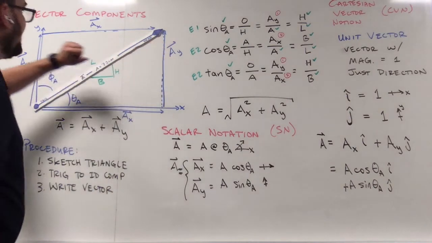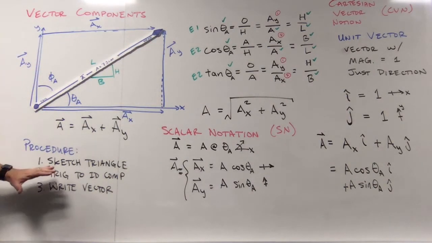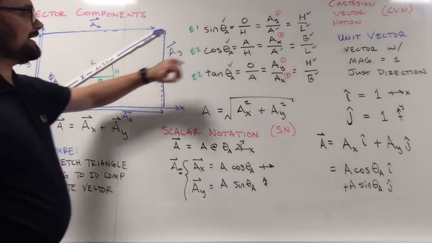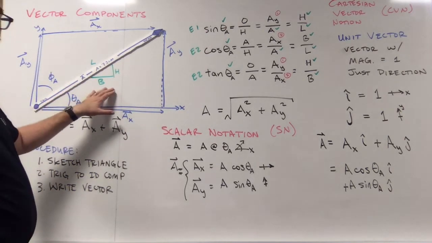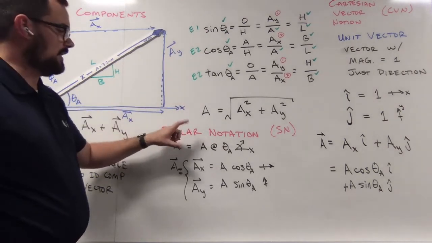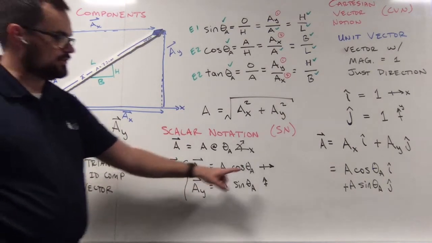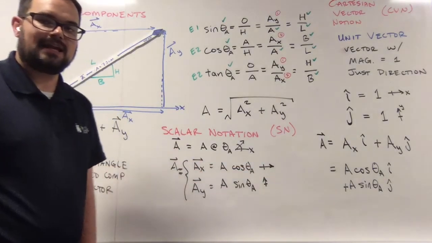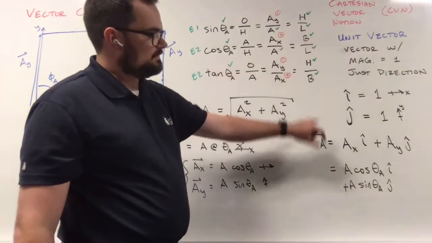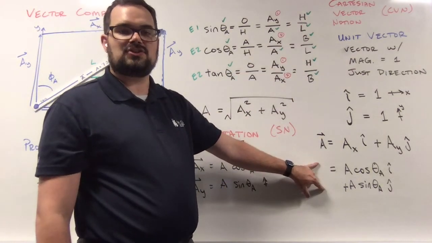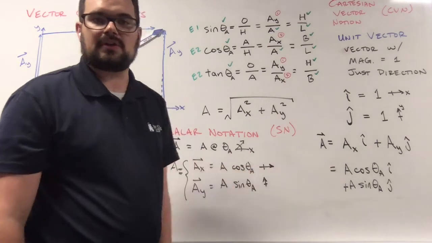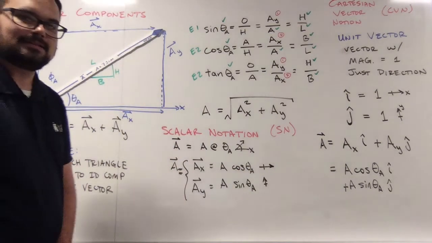We've projected to AX and AY. We've drawn our triangle. We've used our trig, either sine, cosine, tangents, or similar triangles, to identify equations that will tell me my components. We can talk about it in scalar notation with arrows indicating direction, or Cartesian vector notation with i's and j's indicating direction along the x and y axes.